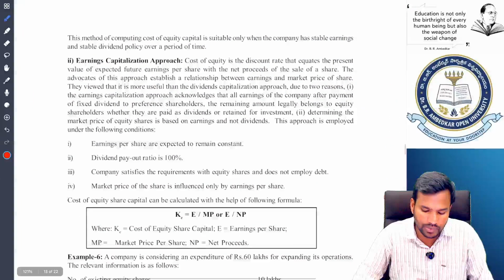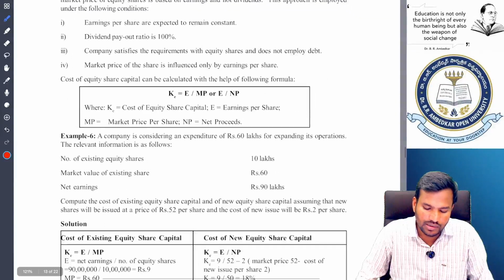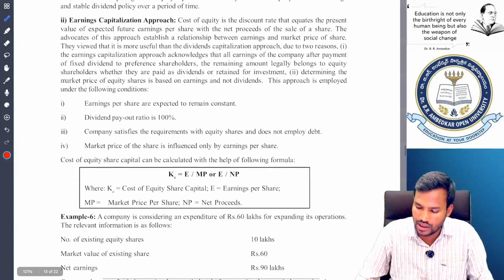Next, the earning capitalization model, based on the company earnings. If we capitalize the company earnings, we can calculate the percentage of the equity.